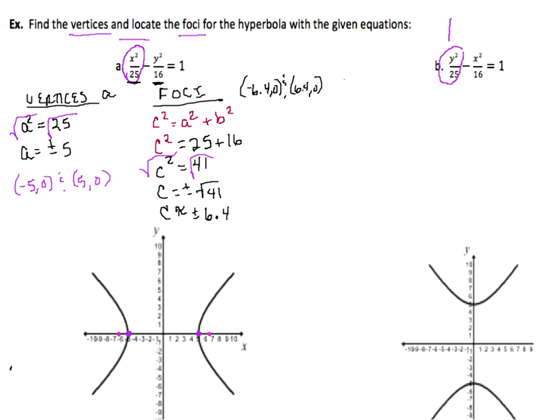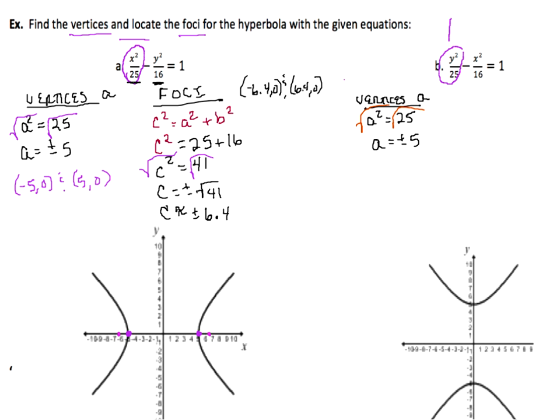Okay. So once again, let me remind you that our transverse axis is vertical here because y squared is the leading term. All right, so our vertices, once again, we're focusing on the A. A squared is still 25 here because it's always the first term there that your A value is gotten from. So A is equal to positive negative 5 again. Okay, so here's where the difference is. And I'm going to do this one in a different color.